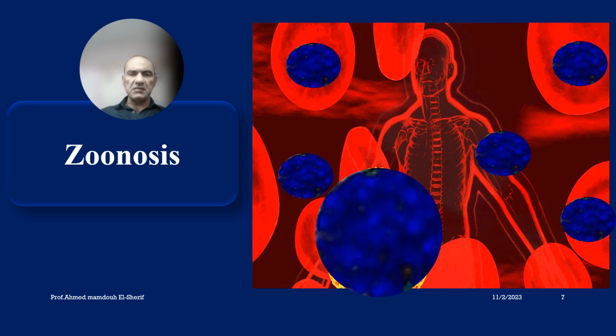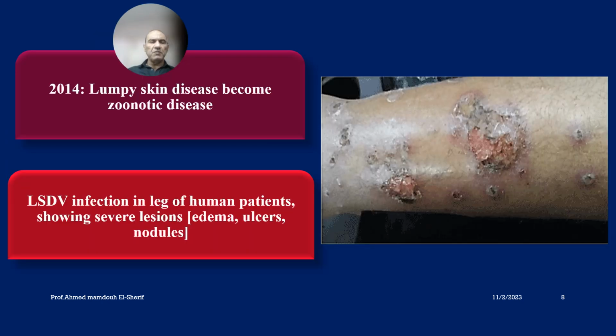Zoonosis of lumpy skin disease. Before 2014, lumpy skin disease was not a zoonotic disease, but first cases were noted since 2014 as it is a zoonotic disease. Lumpy skin disease virus infection in the leg of human patients shows severe lesions such as edema, ulcers and nodules, and this picture explains that.